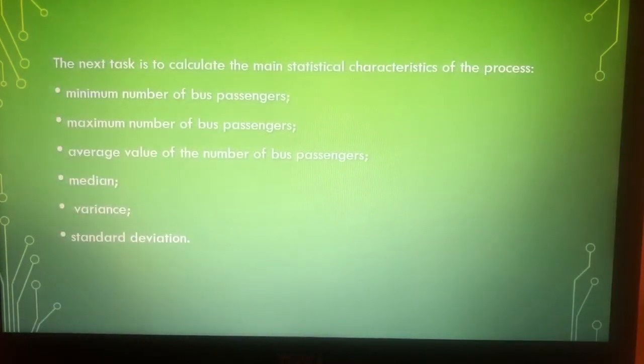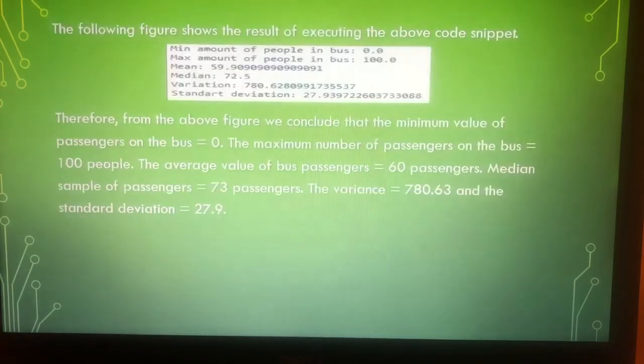The next task is to calculate the main statistical characteristics of the process: minimum number of passengers, maximum number of passengers, average value of the number of bus passengers, median, variance, and standard deviation. The following figure shows the result of the experiment. From this figure we calculate that the minimum value of passengers on the bus is 0.